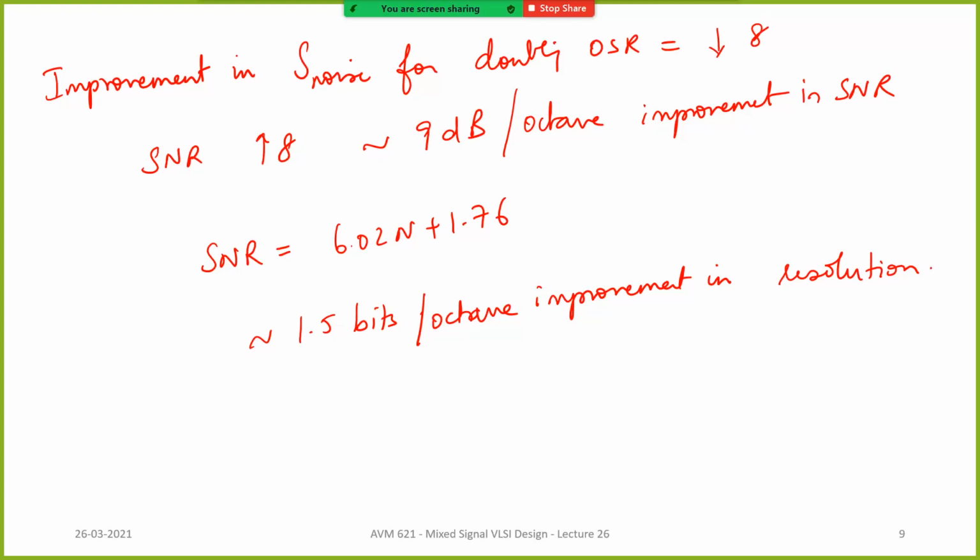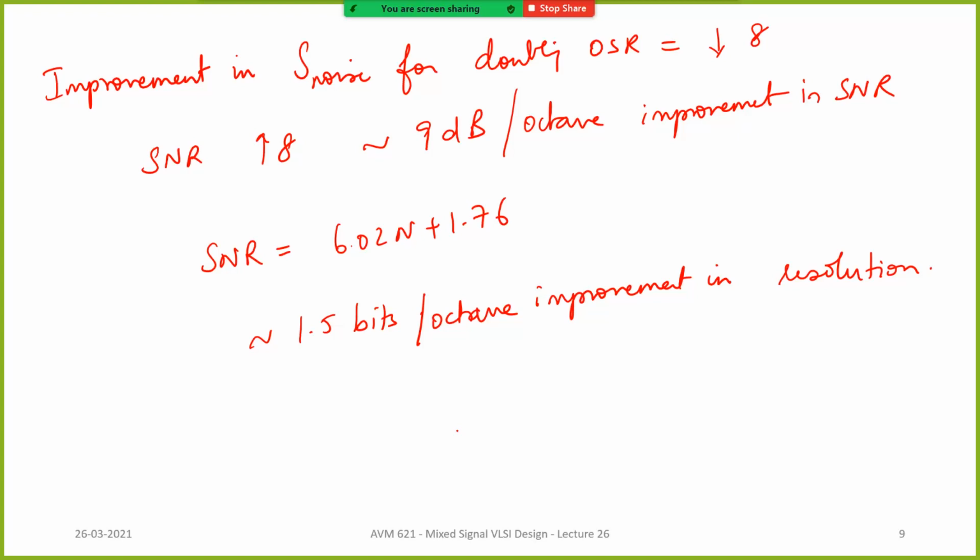For every doubling of the OSR, you get an SNR improvement of a factor of 8, which in decibels turns out to be 9 dB. So a 9 dB improvement in SNR or SQNR is equivalent to a 1.5 bits improvement in resolution. For every doubling of your OSR, you will have a 1.5 bits improvement in resolution.